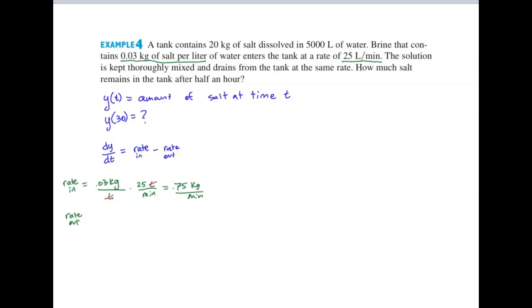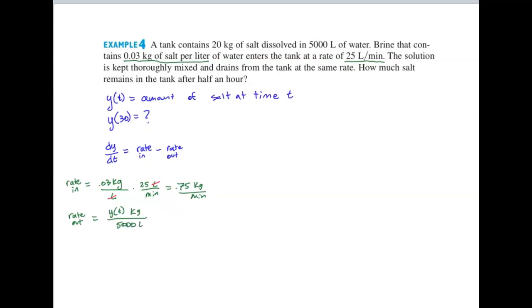All right, so the rate out, we don't know how much salt is leaving, but we named that. That's y of t, kilograms, per the volume of the tank is 5,000 liters, right? And it's traveling out. So at any given time, there's y of t kilograms of salt in the 5,000 liter tank. That's what we have there. And it's flowing out at 25 liters per minute, right? So the salt comes in, it gets mixed up.